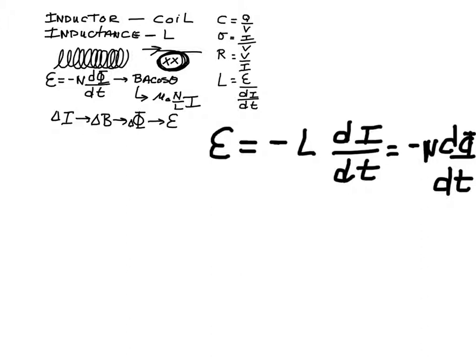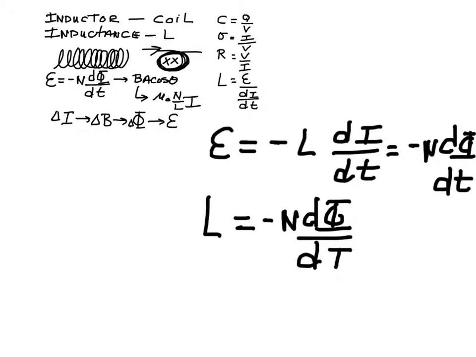And since both sides have a dt, we can rewrite this equation this way. We can say that L, notice the algebra, equals minus N d phi di.